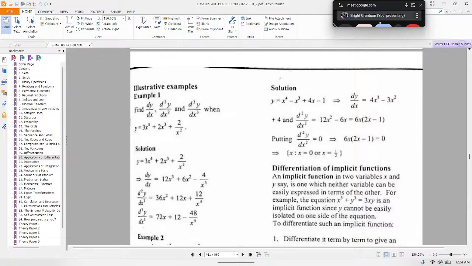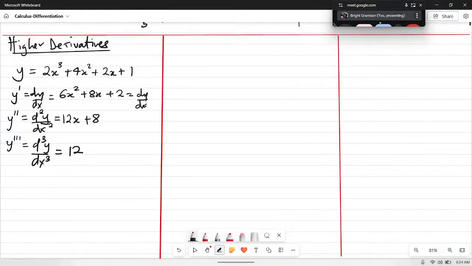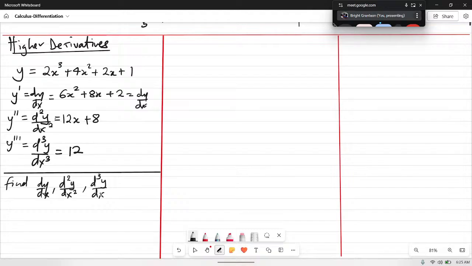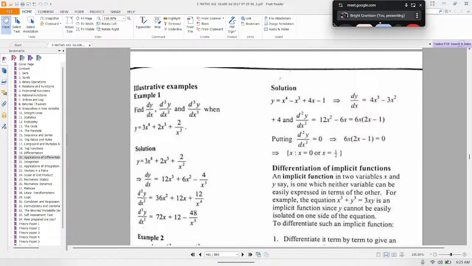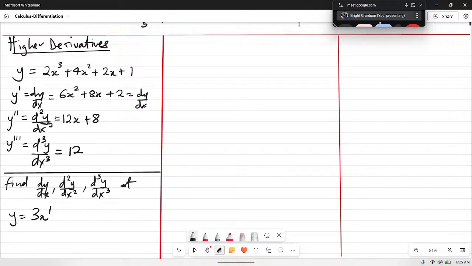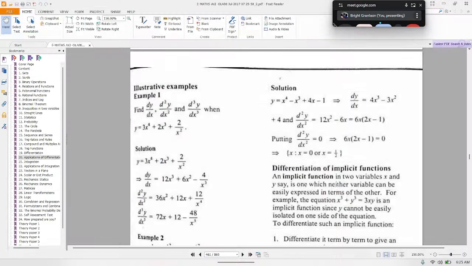Now in this question, they say find dy/dx, d squared y over dx squared, the first derivative, the second and the third derivative, of y equals 3x exponent 4, plus 2x cubed, plus 2 over x.